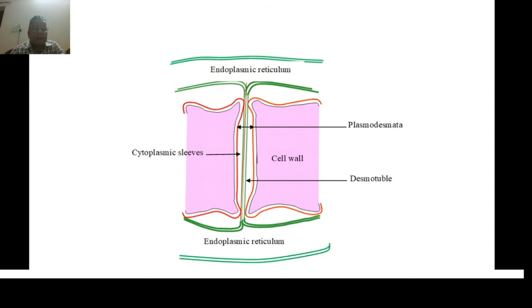The plasmodesmata is composed of the desmotubule, the cytoplasmic strip, and this is the endoplasmic reticulum extension from one cell to another cell.